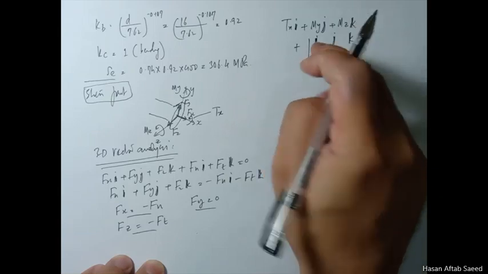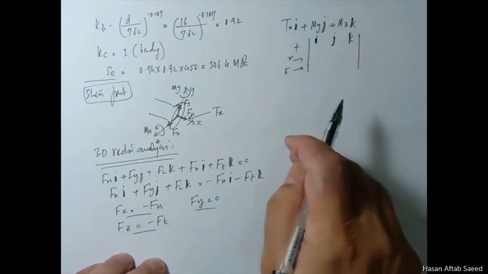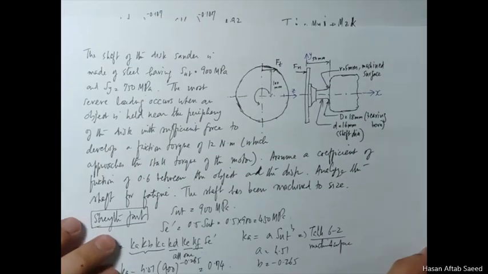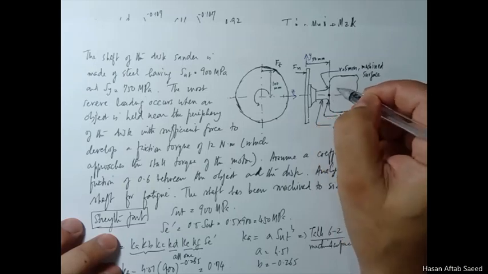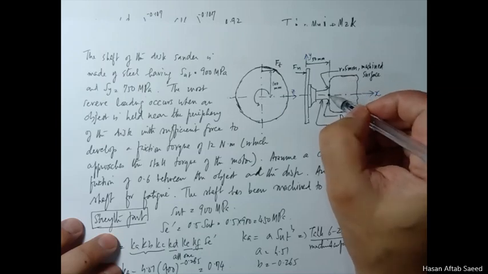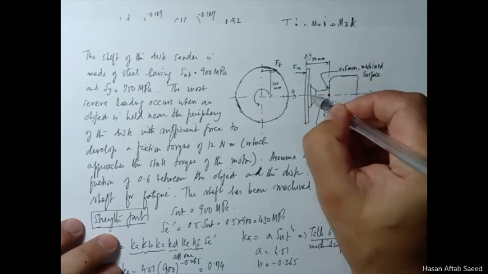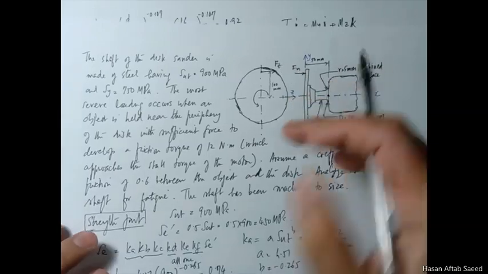Here r and F are vectors, and r is from your point of interest. The practice is to find the resultant forces and moments here, and then apply your bending formula and torsion formula and everything. So this is your point of interest. You start from here and go to this. So this is minus 50 in the x direction and plus 100 in the y direction.